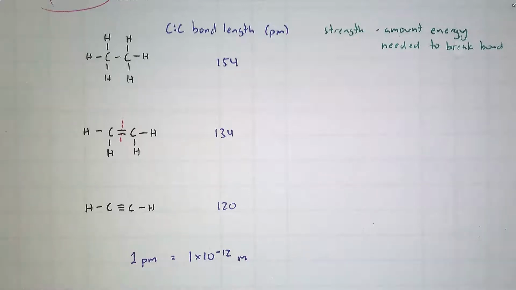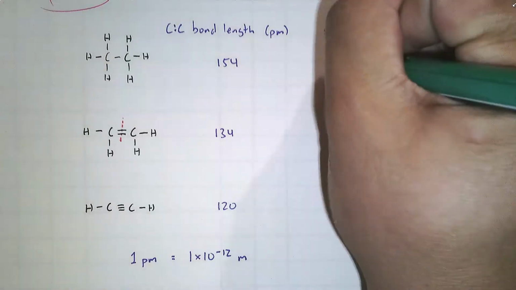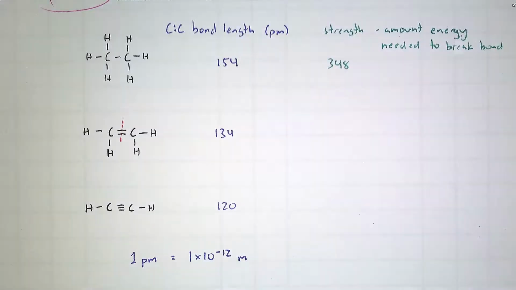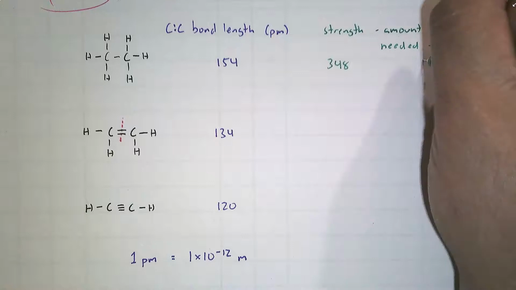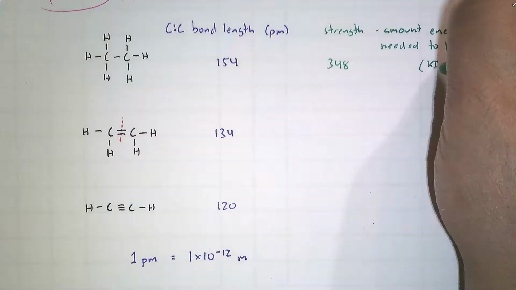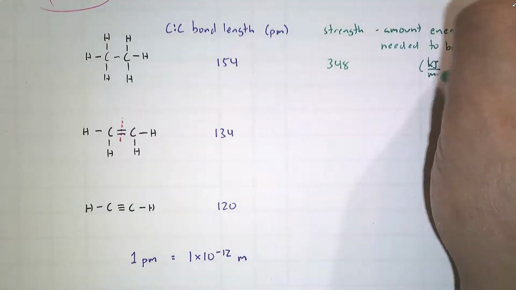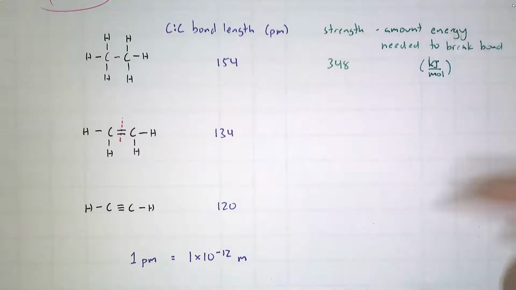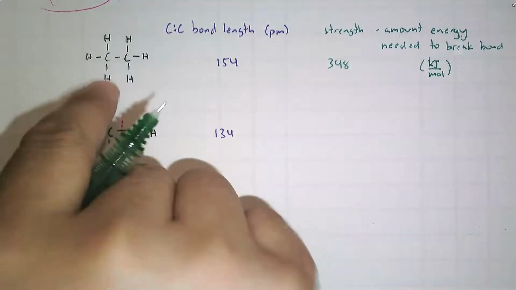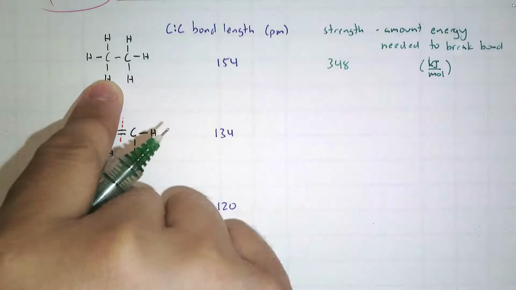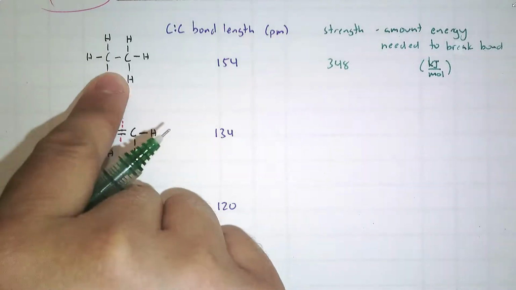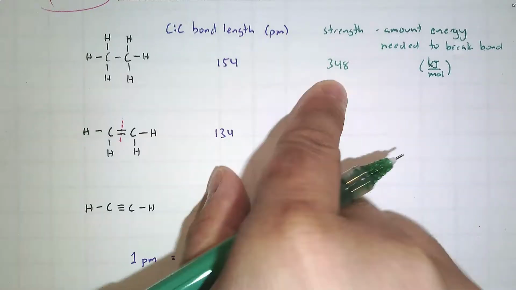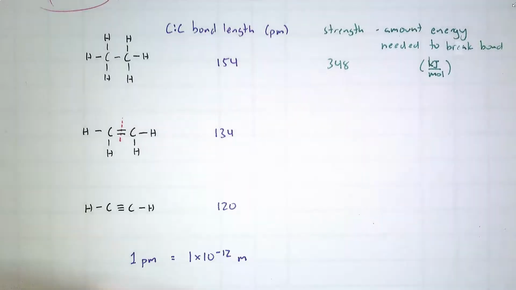For a single carbon-carbon bond, that is 348. Oh, I didn't tell you the units. Kilojoules per mole. Okay. So yeah, 6.02 times 10 to the 23 carbon-carbon bonds that are all single would take 348 kilojoules to break all of them.